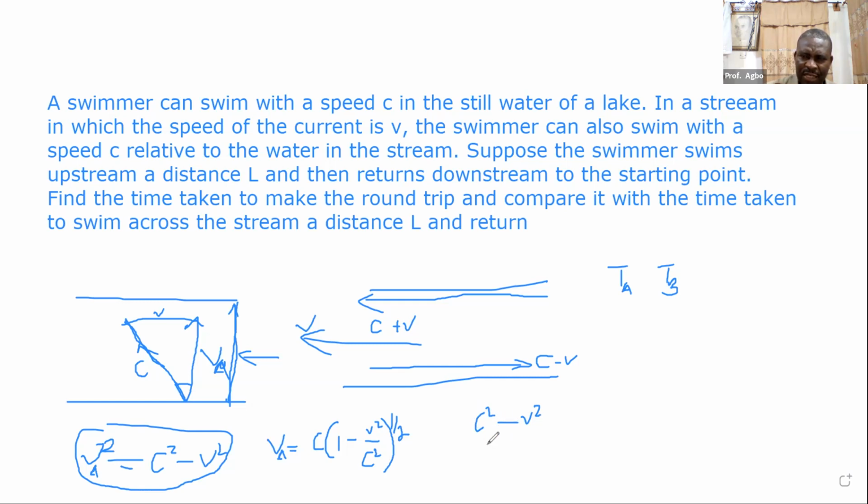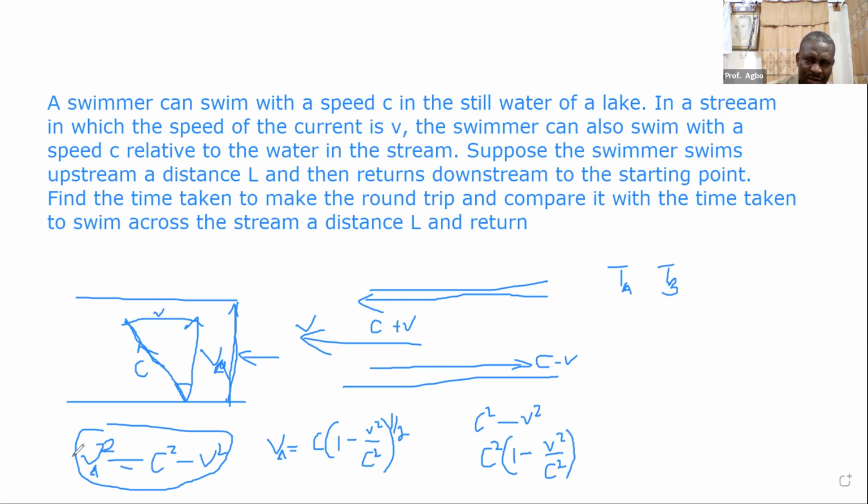You have C squared outside, times 1 minus V squared over C squared.